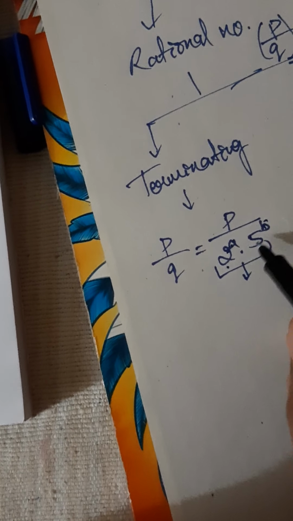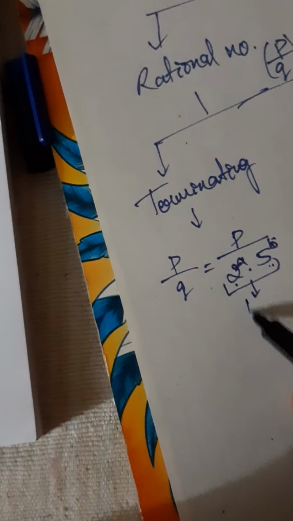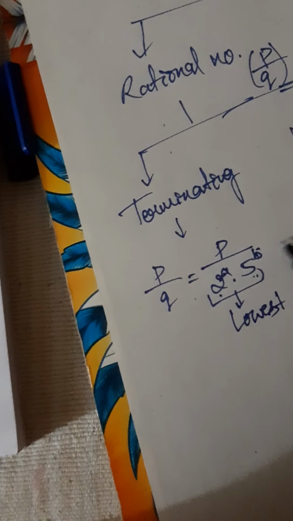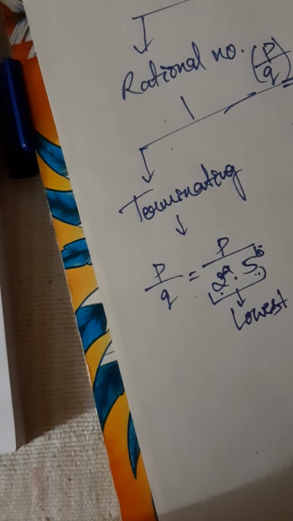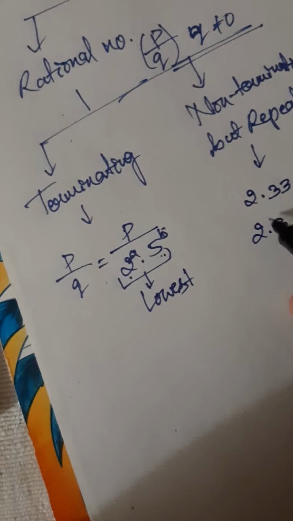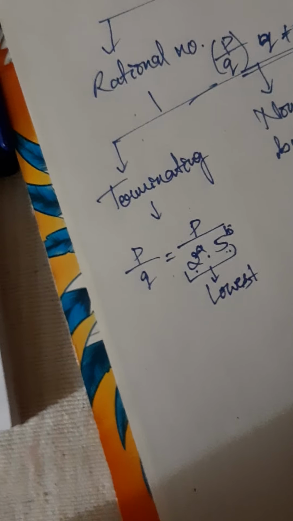A and b may be any values. And repeating means something like 2.3333, that is 2.3 bar.